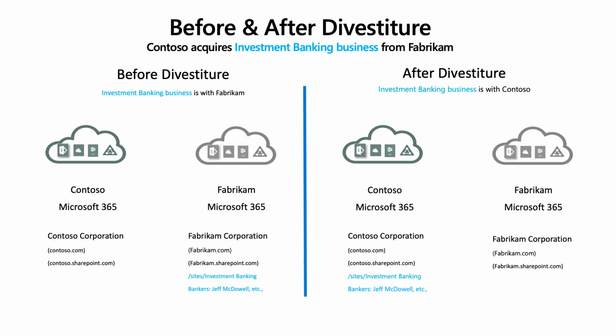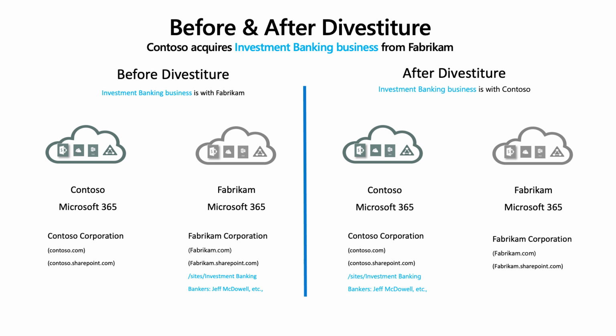The picture on the right shows the end state of the divestiture, where investment bankers like Jeff McDowell are moved to Contoso along with their OneDrives and mailboxes. And also the shared resources like investment banking SharePoint sites are moved over to Contoso.